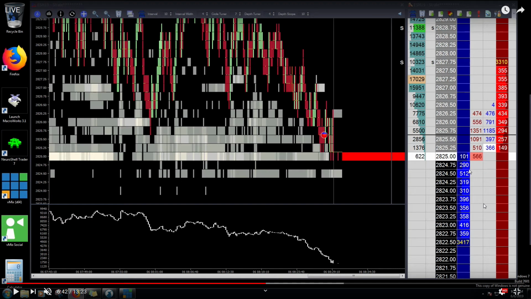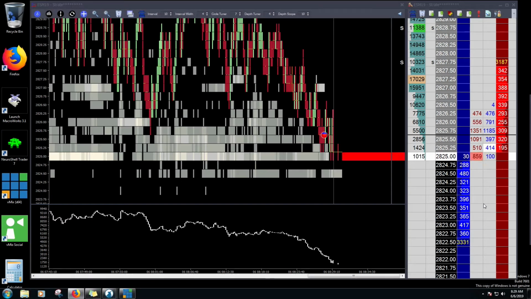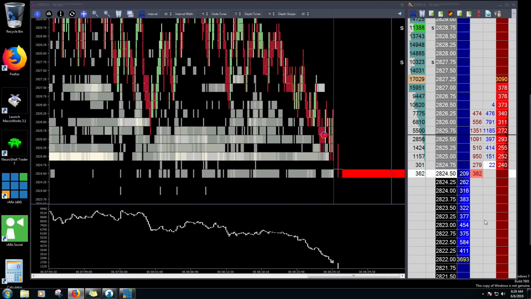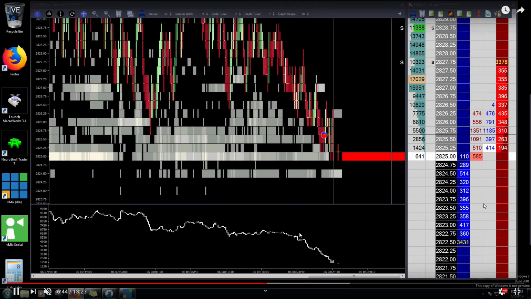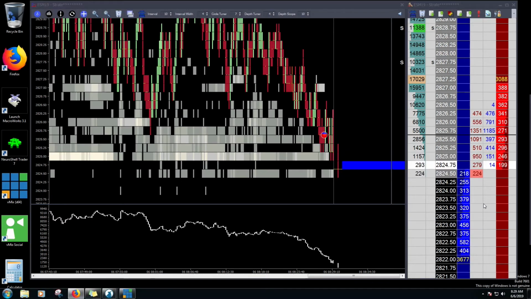Now they're putting it right here. They get through it, and it was only a quick push through this one price level. So let me go back. Notice how it's sort of a quick push through the one price level.